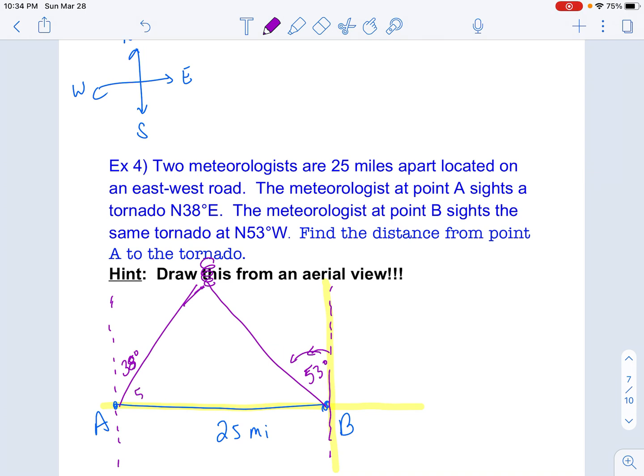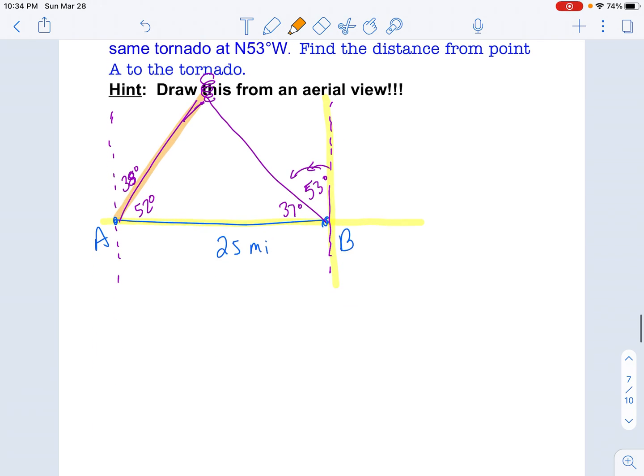If I do 90 minus 38, that gives me 52 degrees on the inside. The other angle was 53, so if I do 90 minus 53, that gives me 37 degrees inside there. Then all we have to do is find the distance from point A to the tornado. So we are looking for this piece of the triangle.